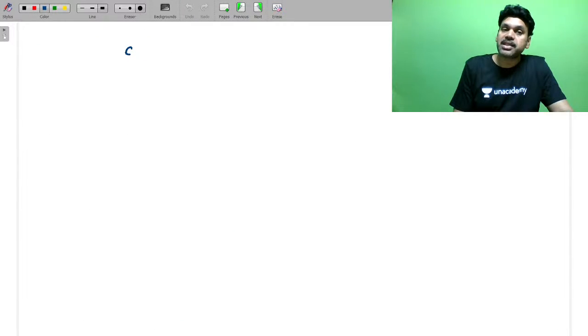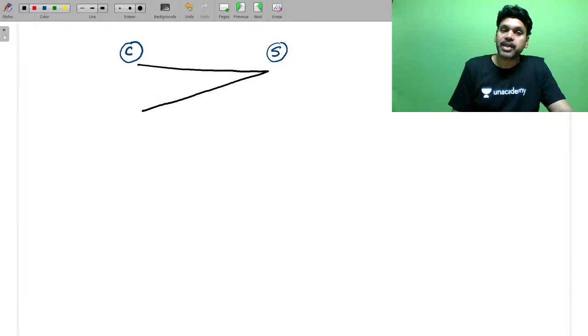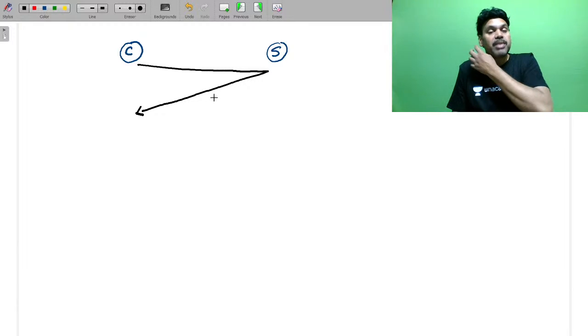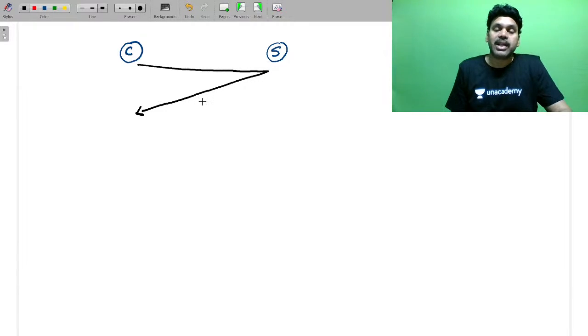Whenever a connection is established between client and server, they exchange some segments for connection establishment. Either it may be two-way or three-way. Nowadays, TCP follows the three-way handshake only.